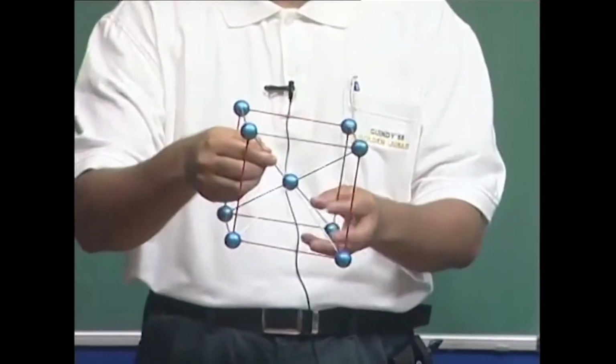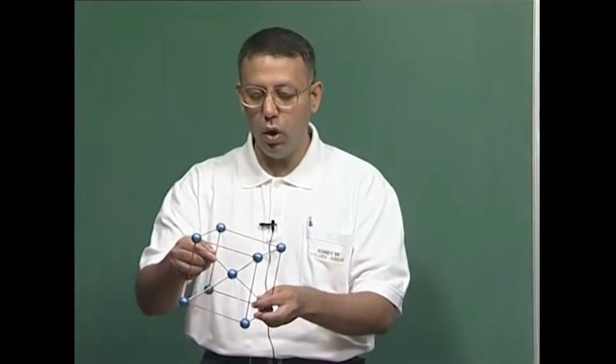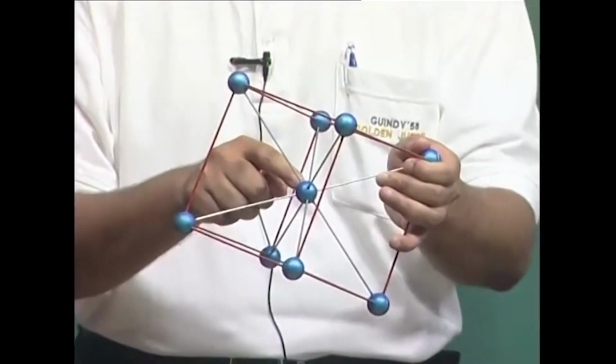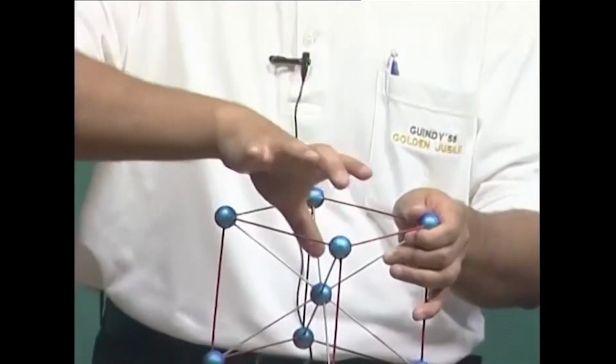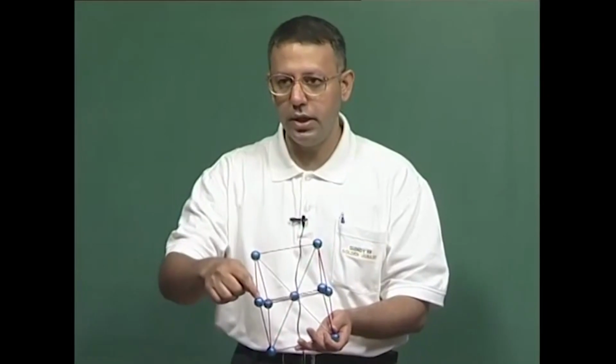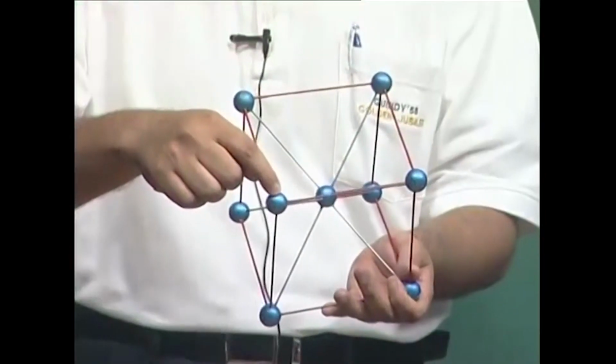One, they hold the central atom in position, but additionally they also show the connectivity. In other words, in a BCC crystal, the atoms are touching along the body diagonal. So, this atom which is located in the center is touching the atom which is located at the corner. On the other hand, the atom sitting in this corner is not touching the other atom which is sitting in the corner. So, we have to remember that.